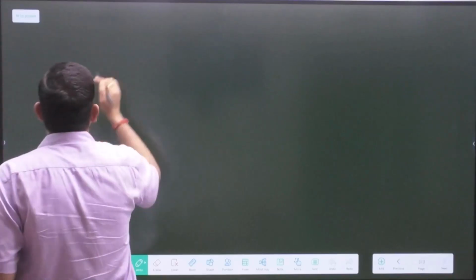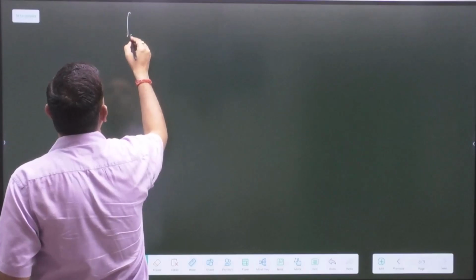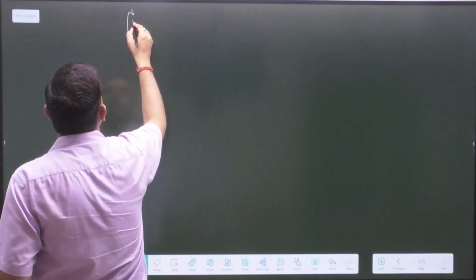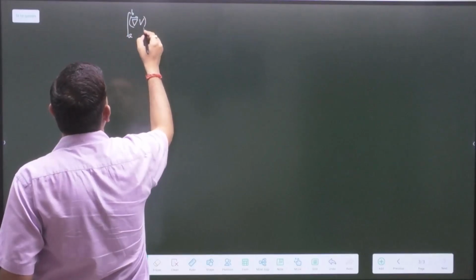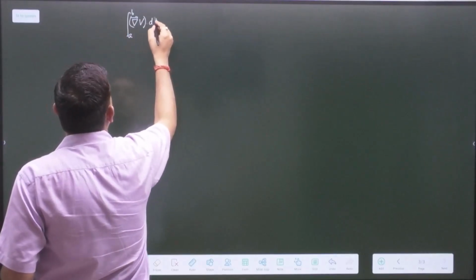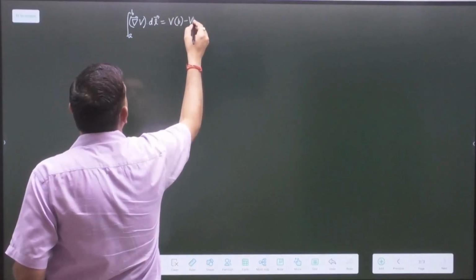So let's take an example. We know that we have to verify the integral from A to B of gradient V dot dl, which is VB minus VA.